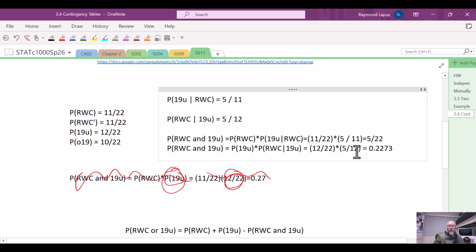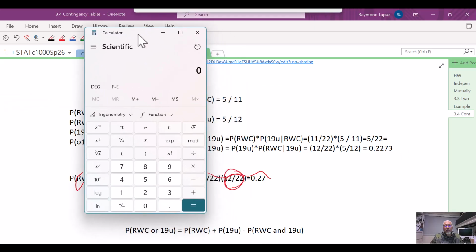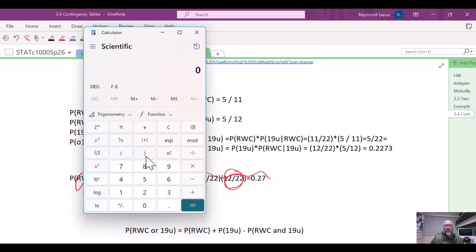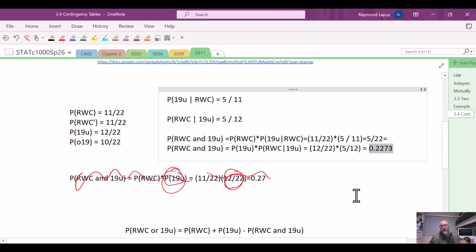And then that is equal to, if we cancel the 12 and the 12, 5 over 22 again. By the way, this should equal the same thing, right? Well, let's take out our calculator. I had some misgivings about this calculator, but I think I figured it out. 5 divided by 22 equals 0.2273, which is the answer that they got here.